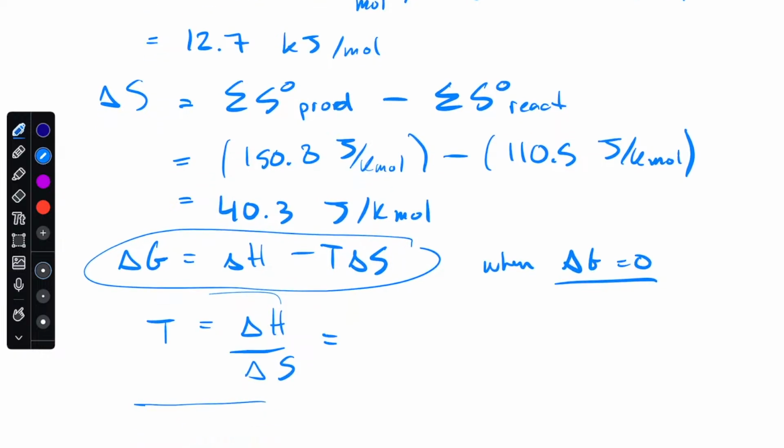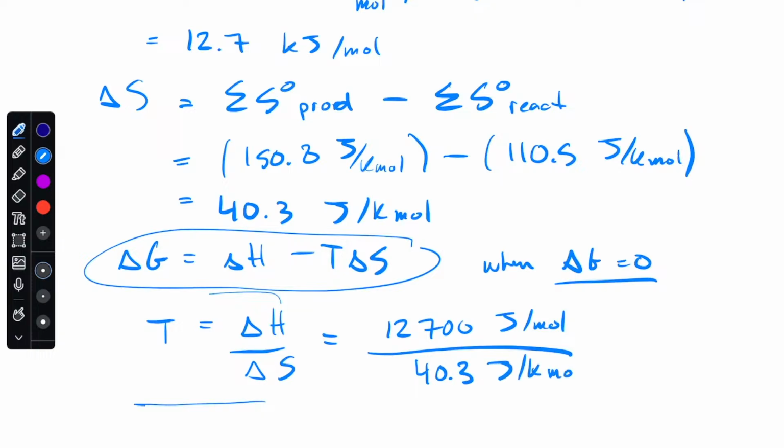Okay, so that's fine. The only other thing that we could screw up on here is by forgetting to convert our delta H into joules to match the unit of joules for our delta S. So that's equal to positive 12,700 joules per mole divided by 40.3 joules per K mole.